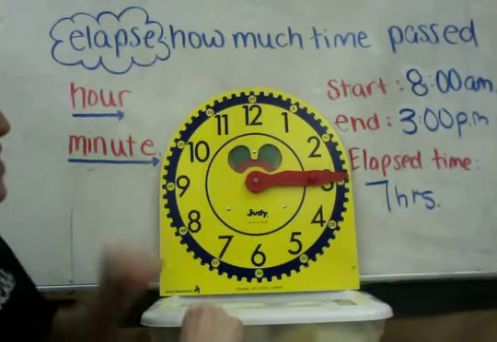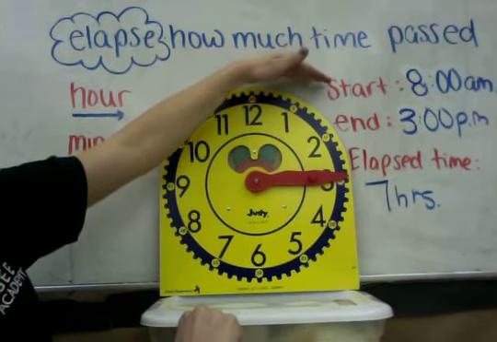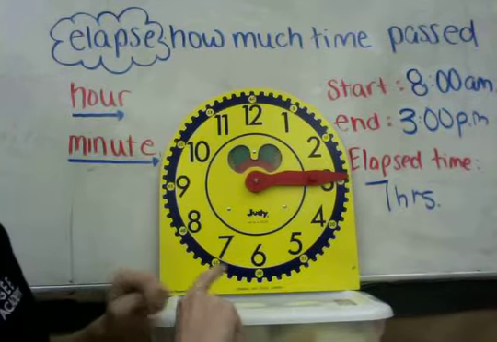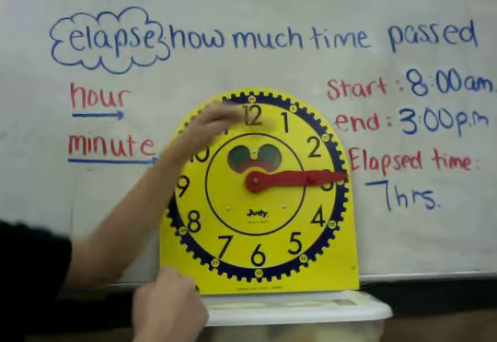So whenever we're starting at a time in the morning and we're ending at a time in the afternoon, it's very important that when you're counting up, once you get to 12, you're starting over at 1.